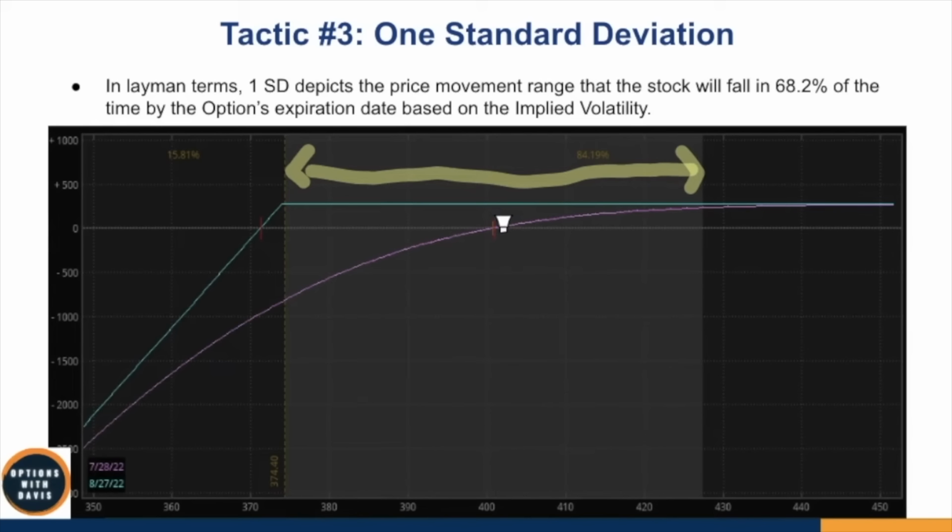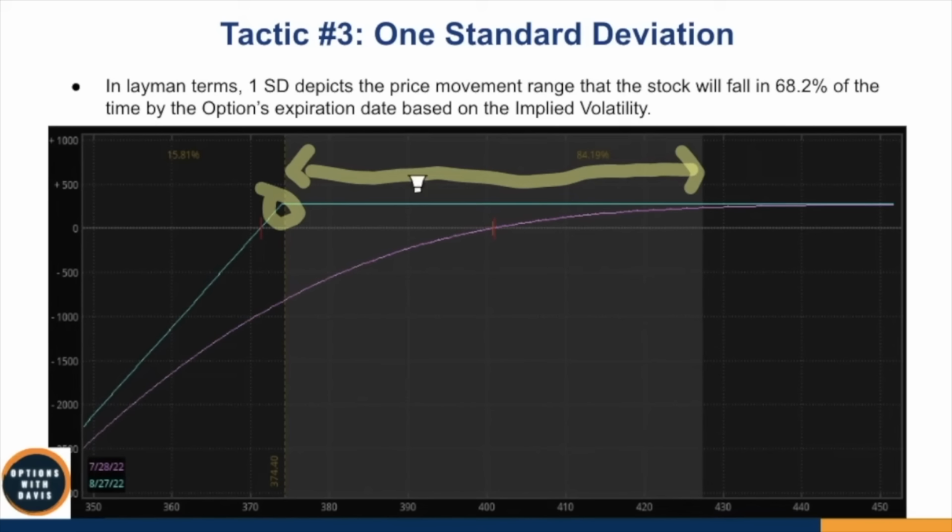As you can see, for our short put we have a very high win percentage if we choose a strike price at one standard deviation. So we want to go for a strike price around the 16 deltas, or anywhere from 15 to 20 deltas is fine as well. That is where we have a one standard deviation put option.